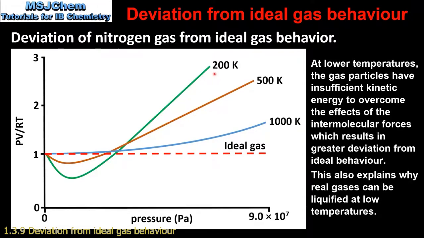Because the particles of a gas at lower temperatures are moving more slowly, they are less able to overcome the effects of the intermolecular forces. At higher temperatures, for example 1000 Kelvin, the particles of the gas have sufficient kinetic energy to overcome the effects of the intermolecular forces. So as we can see, as temperature increases, real gases behave more ideally, and at lower temperatures they show the greatest deviation from ideal gas behavior.